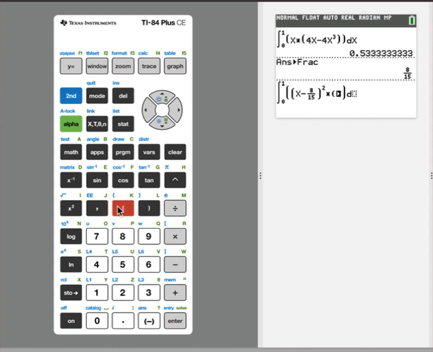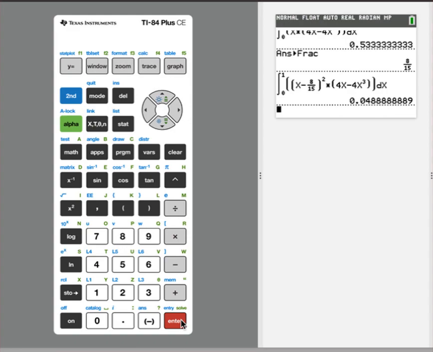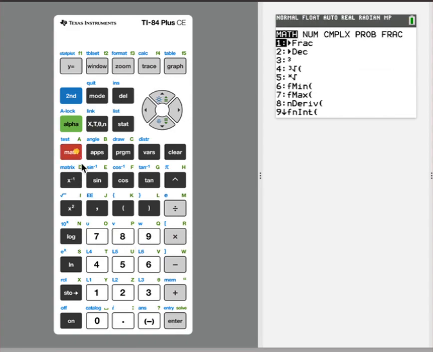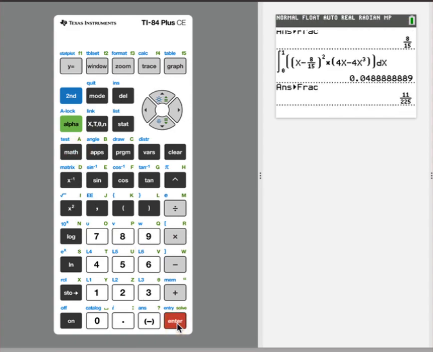Then we enter the expression for the PDF, which is 4x minus 4x cubed, and close off that parenthesis. That looks like it's formatted correctly. Be sure to enter the variable of integration there. All right, let's give it a try. We change that to a fraction, 11 over 225.